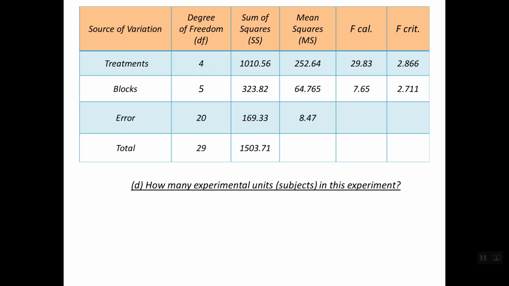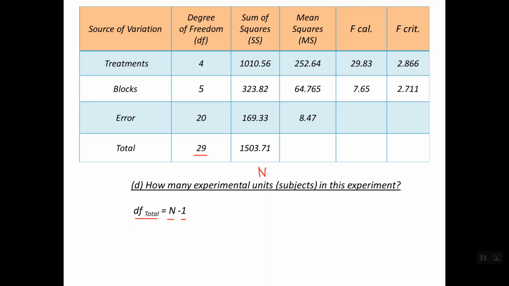How many experimental units, or sometimes called subjects, are in this experiment, which means simply the total observations used in this experiment? We know that the total degree of freedom is equal to capital N minus 1.